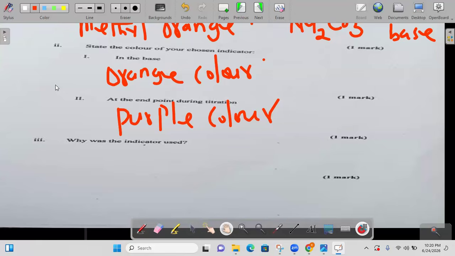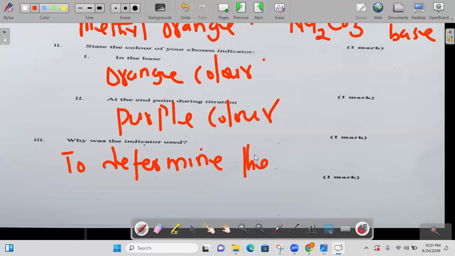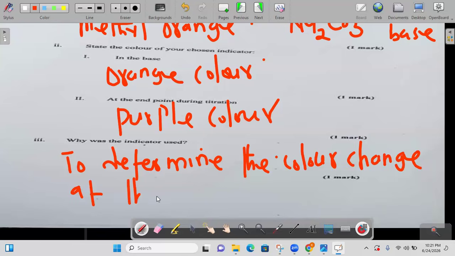Why was the indicator used? To determine the color change at the endpoint.